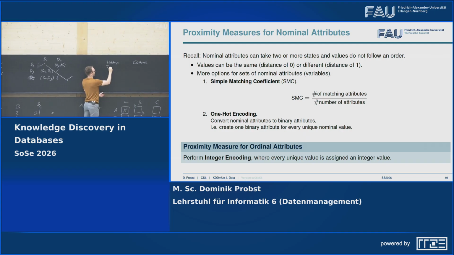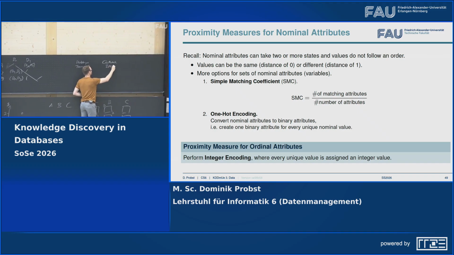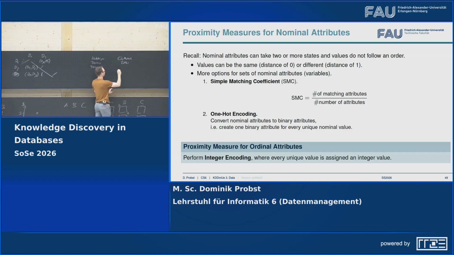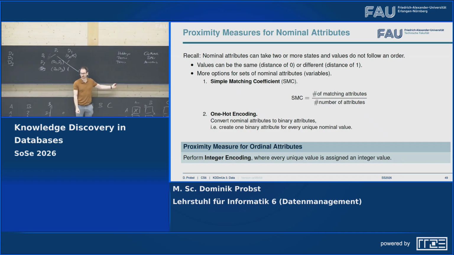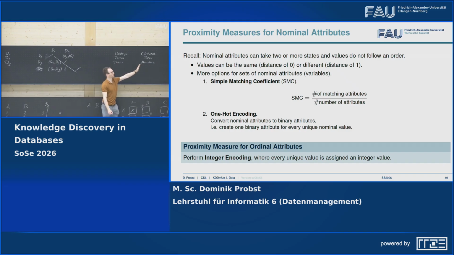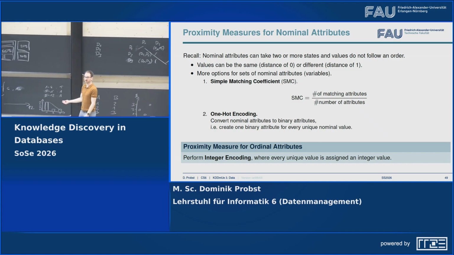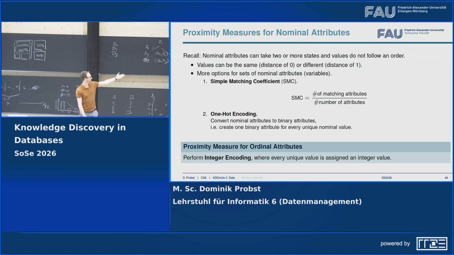If a person has the hobby tennis and a car model BMW, and a second person has the hobby tennis as well and a car model Mercedes, then the simple matching coefficient would simply take a look at every matching attribute and every non-matching attribute. Therefore, the simple matching coefficient of this would be 50% in this case, because the two persons have one matching attribute and one non-matching attribute.